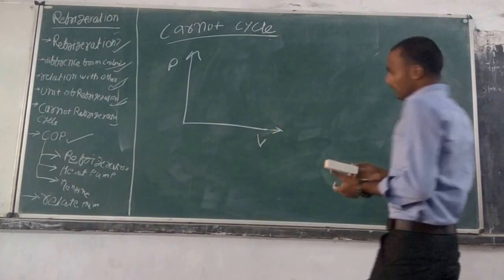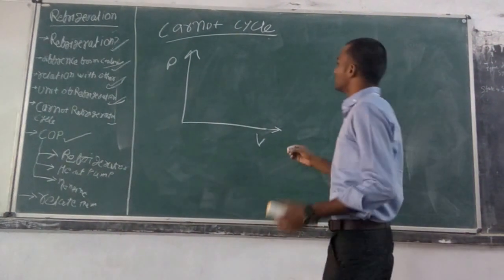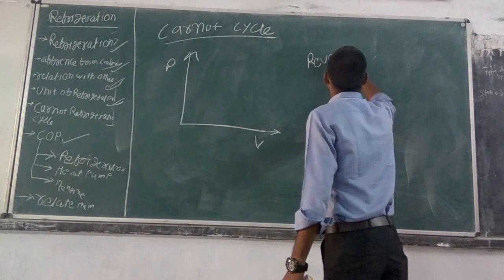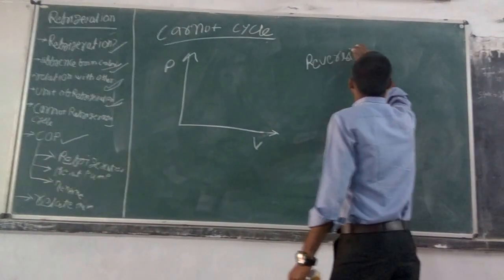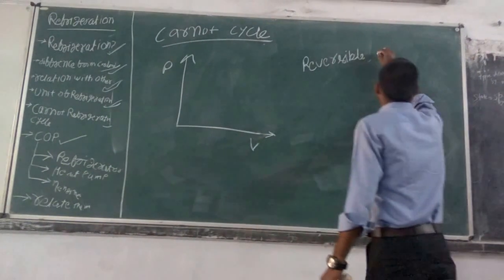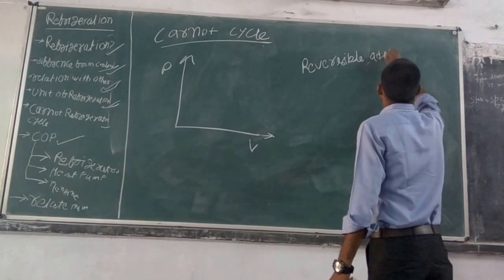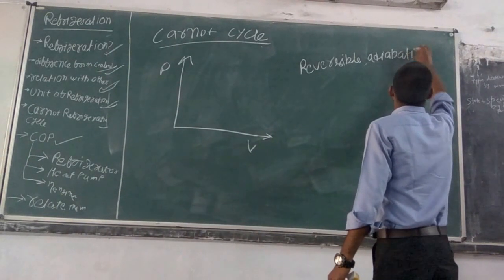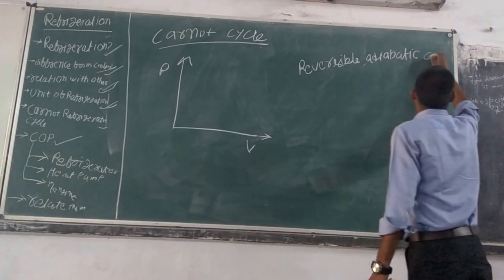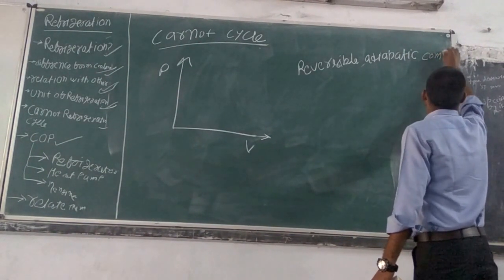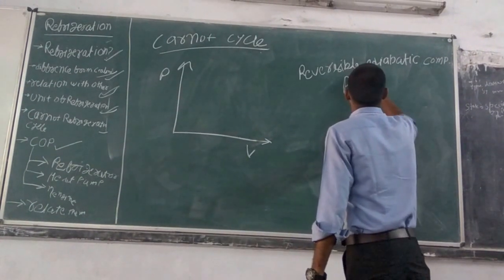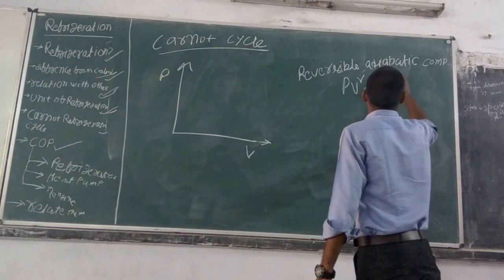In the Carnot cycle, the first process is reversible adiabatic compression, that is P V to the power gamma is constant.